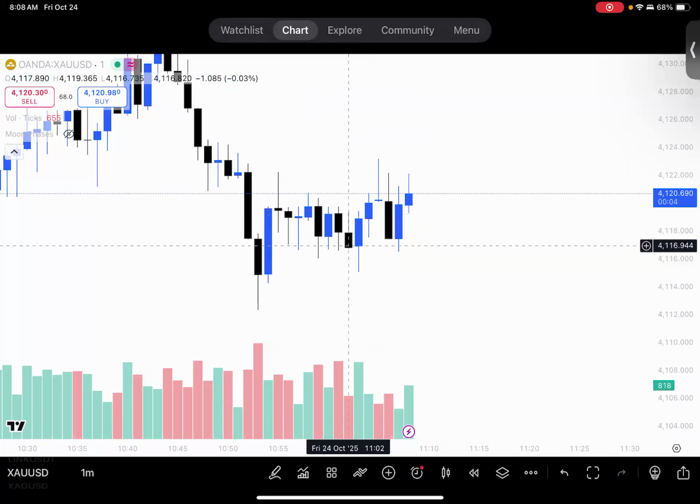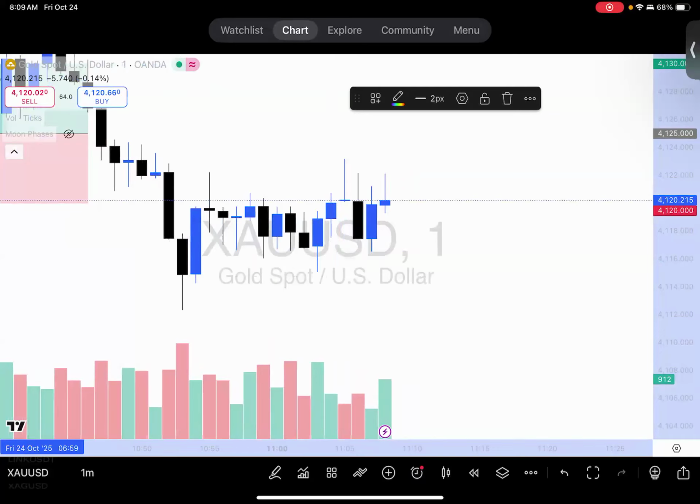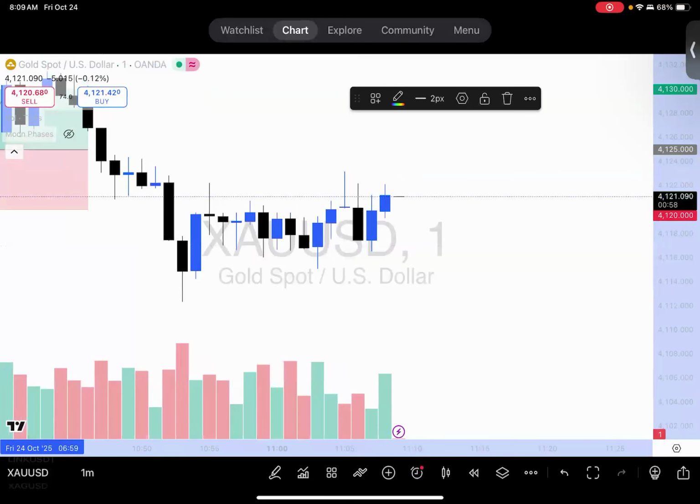Even if we do end up hitting stop loss, which is always a possibility, I think this is still a nice setup that we could have taken, and we had an initial reaction to the right side, right? We were about 30 pips in profit.